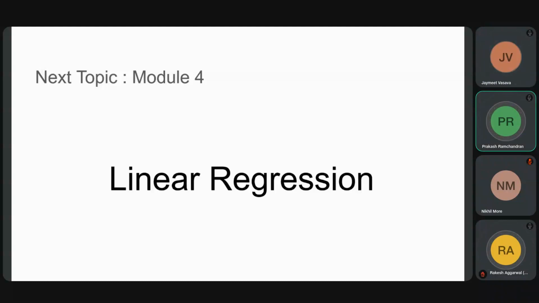You can follow through the book as well as the classes, so that if you want to solve some exercises, Jaymeet is already handling the Jupyter notebook. Most of the exercises are on Jupyter notebook. You can even go through the book and follow it. Any other question? No, that's all.